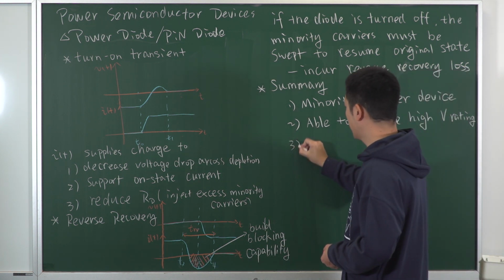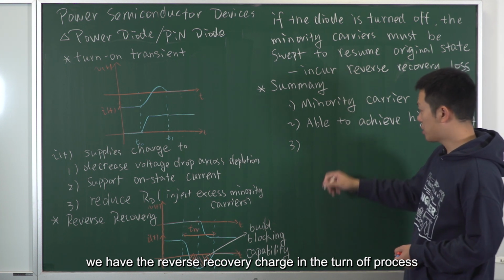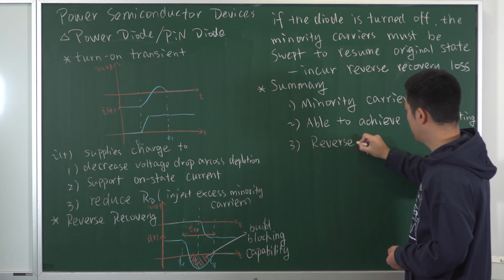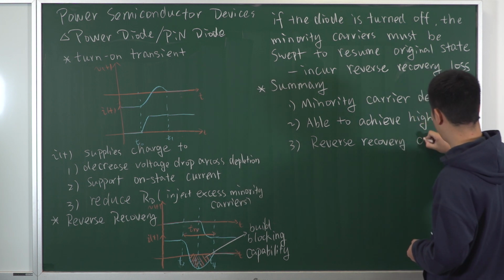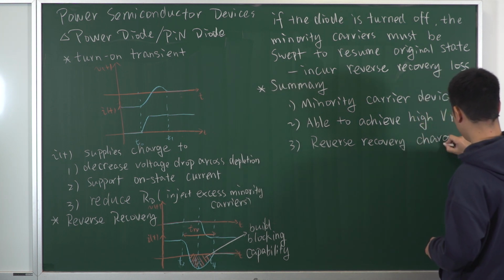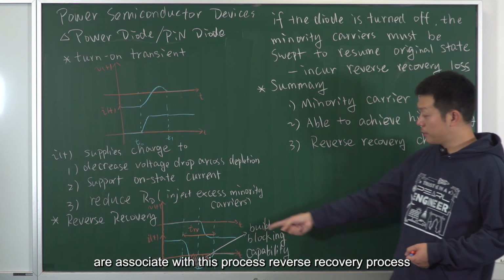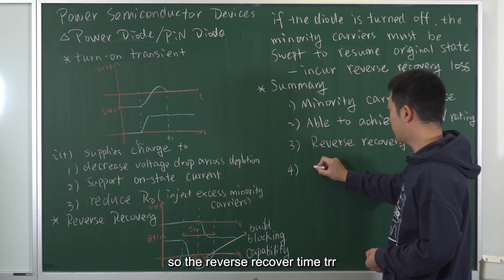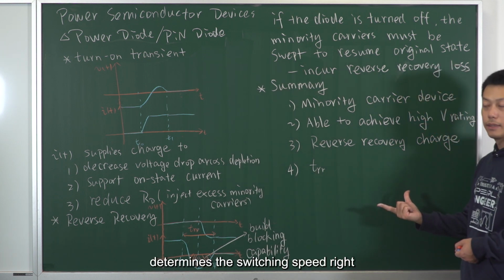And thirdly, for the diode, we have the reverse recovery charge in the turn-off process. So these are associated with the reverse recovery process. The reverse recovery time, TRR, determines the switching speed, right?